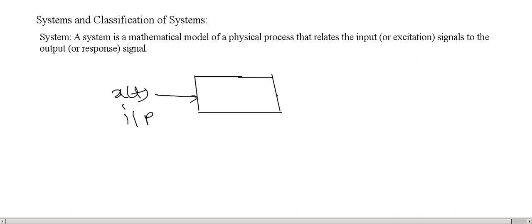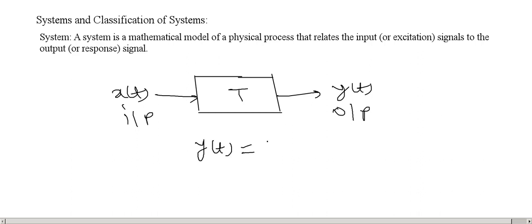It produces another signal y of t. So the system takes input x of t and produces another signal y of t. We can also represent this as y of t equal to T into x of t.